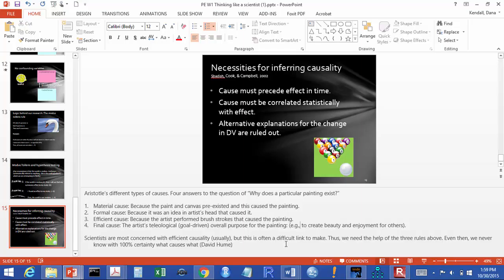David Hume was a philosopher who talked a lot about this. And he basically said, even the things that we think we know for sure of what causes what, that there's not really a good way to know for sure. And SCC talks about this as well.